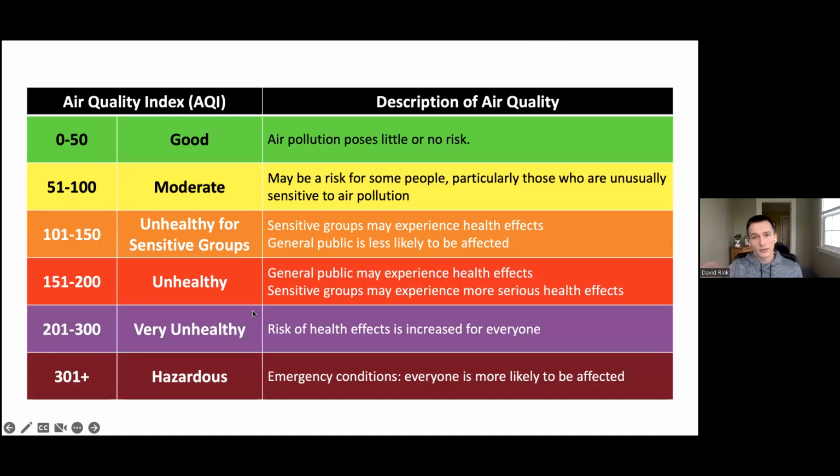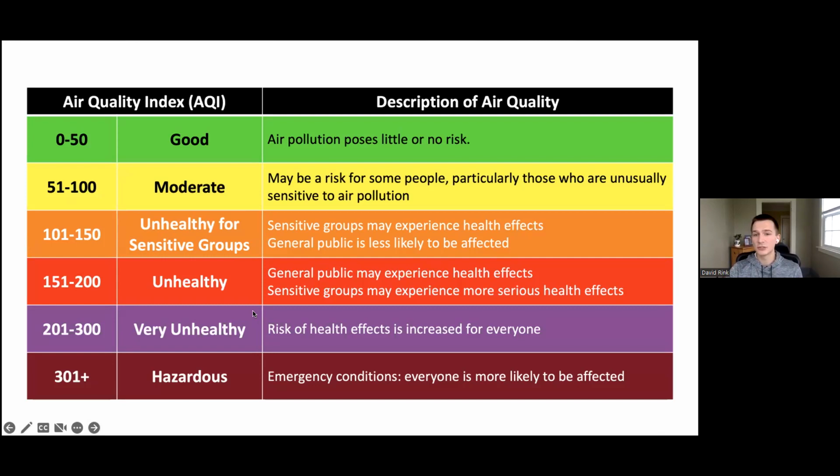First, I want to start with an introduction or a review for those of you familiar of the Air Quality Index, or the AQI. This is the principal risk communication tool used by air quality agencies. The AQI is a scale that goes from 0 to 500 and is color-coded into categories of risk.